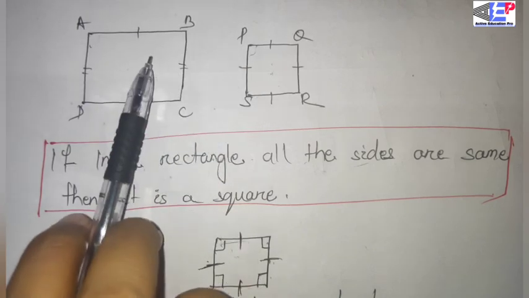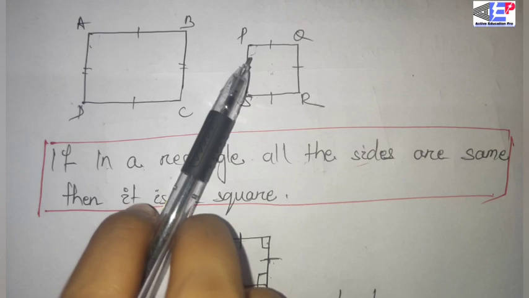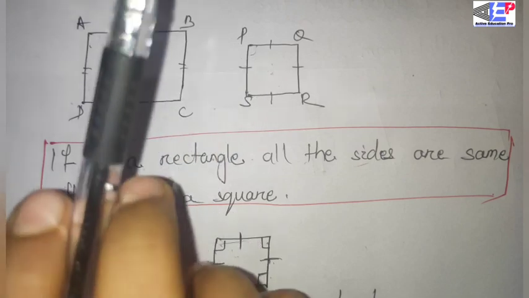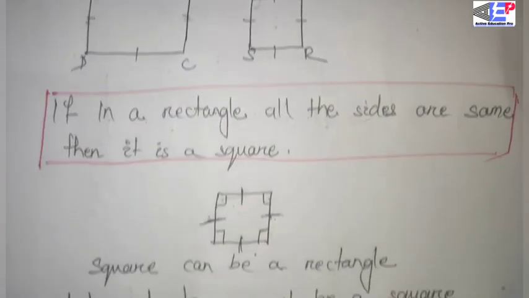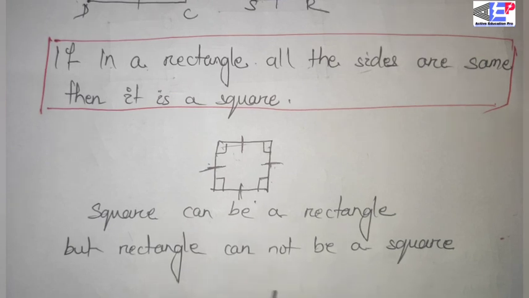So sometimes a rectangle may be a square, but all the time a square is a rectangle. Square can be a rectangle, whereas rectangle cannot always be a square. It is not compulsory that a rectangle must be a square. So these are the similarities and the differences between the rectangle, parallelogram and square.